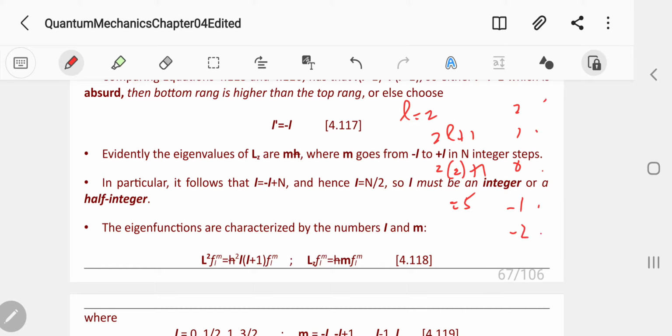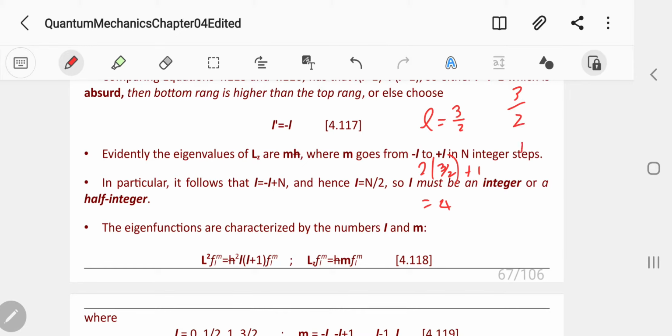How about if your L is equal to 3 halves, for example? So for L equals 3 halves, you will have 2 times 3 halves plus 1. This is equal to 4. So we have 4 states. So this is 3 halves, 1 half, negative 1 half, and negative 3 halves. So you have 4 states there.